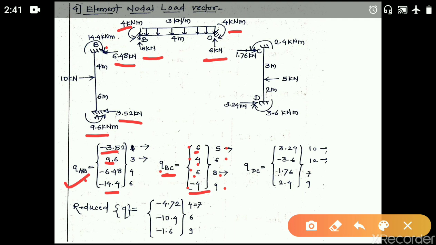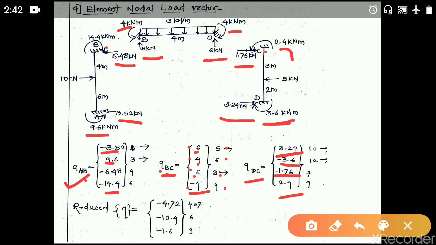And now the last member, DC. Again be careful: first write for point D, the D joint, and then go for C. So first write the reaction and moment at D, with moment minus 3.6, and then from point C, reaction 1.76 and moment 2.4 kilonewton meter.